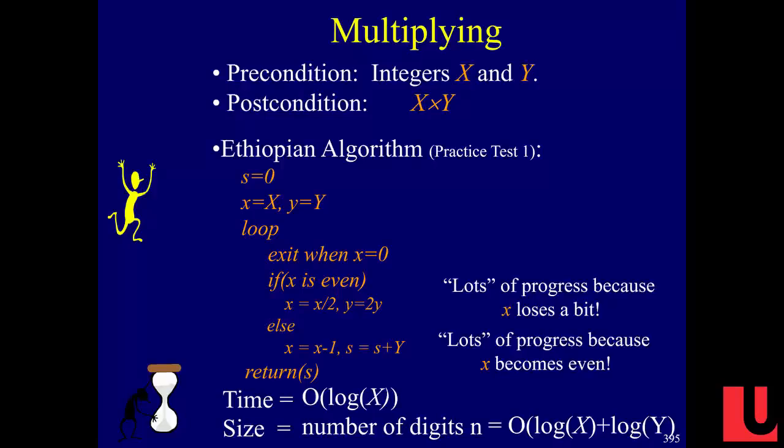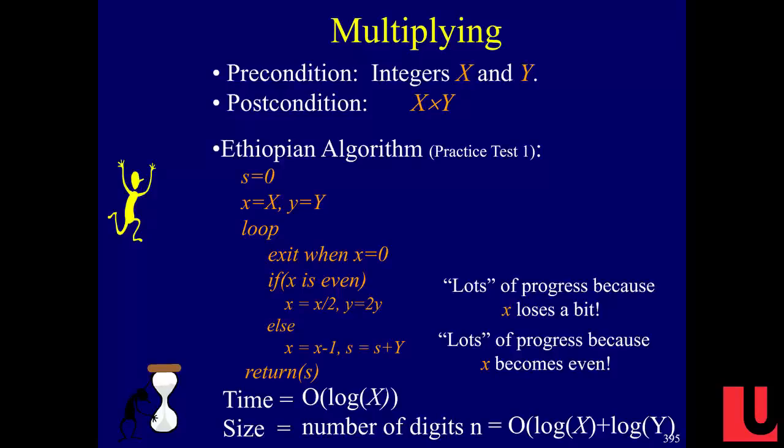So let's write down some number. Let's call that y. Let's write down some other number. Let's call that x. My goal is to multiply them. How do I do it in high school? I take this digit, I multiply it by that, and I get that.